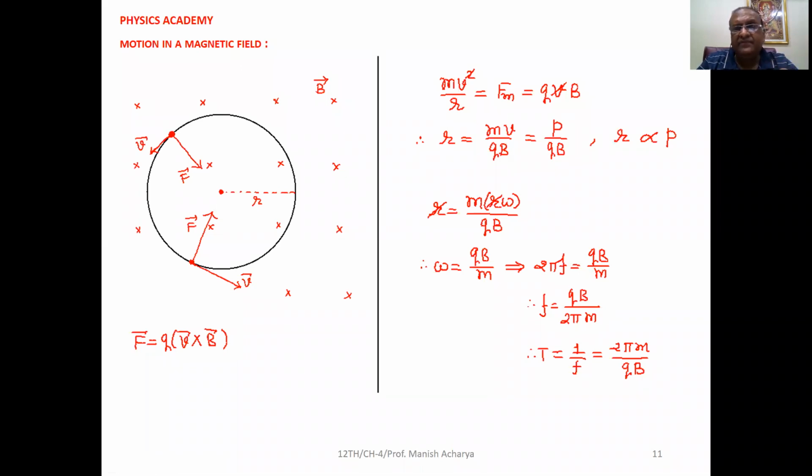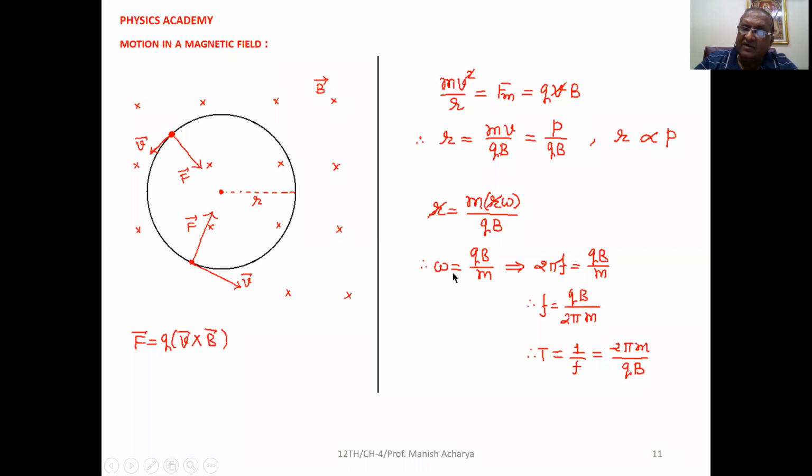So in this way, we can conclude like this: when any charged particle enters the uniform magnetic field B with velocity v perpendicular to the field, then it executes circular motion in the magnetic field with a circular path of radius r equal to mv upon qB, and the angular frequency, or the frequency for the revolution of this particular charged particle, remains constant here.